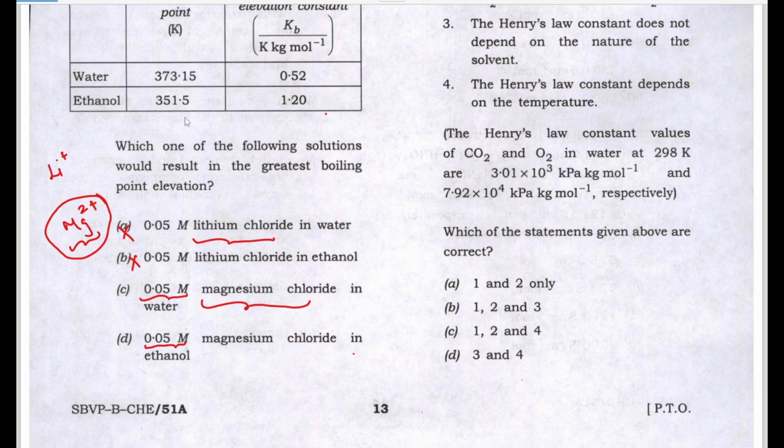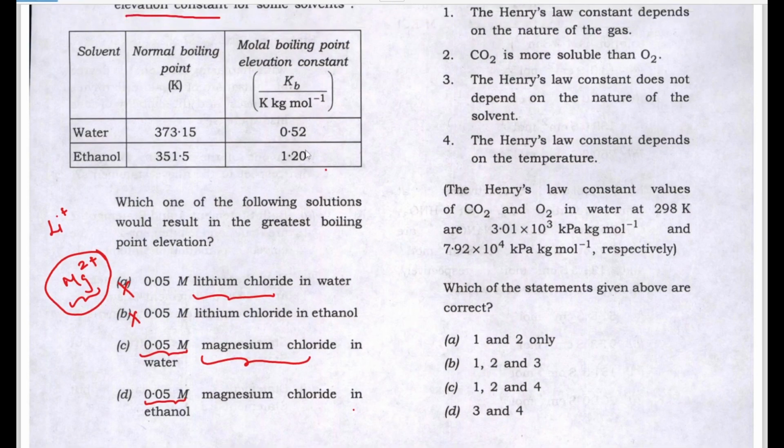If we compare magnesium chloride, the concentration is the same, 0.05 molar in each case, and we compare magnesium chloride in different solvents, one is water and the other is ethanol. In the case of ethanol, there is a large value of the molar boiling point elevation constant, and you know that boiling point elevation is equal to Kb m. M is molarity of the solution and Kb is the boiling point elevation constant.